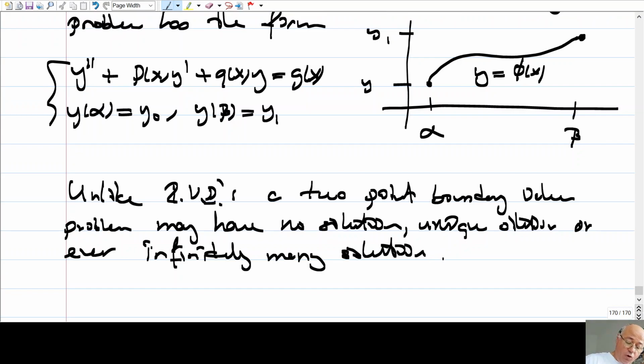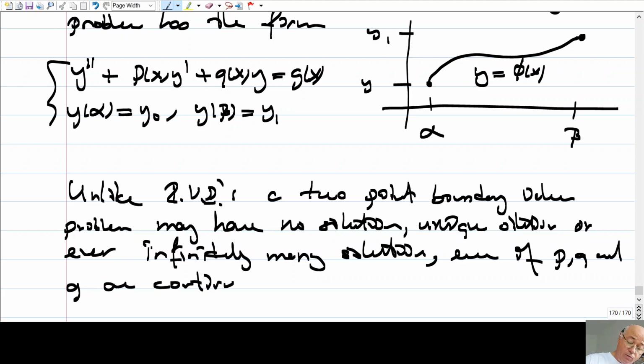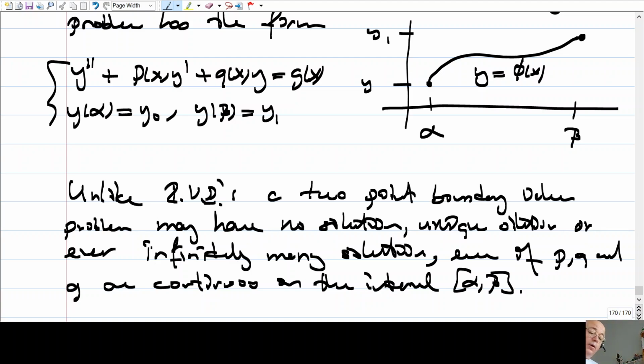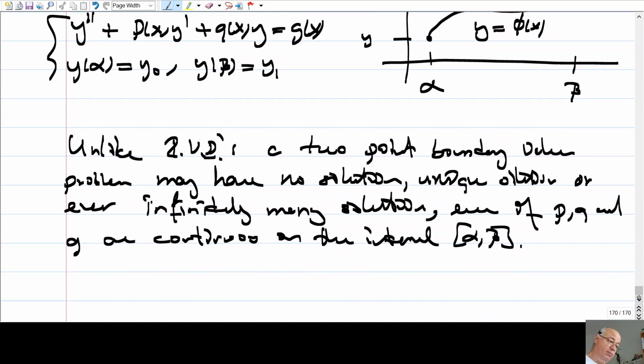Of course, this is so even if P, Q, and G are continuous on the interval alpha beta. In case of initial value problems, if the coefficient functions p, q, and g are continuous, then for any initial conditions, you have a unique solution.